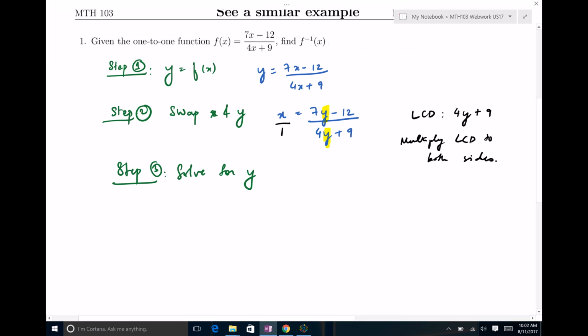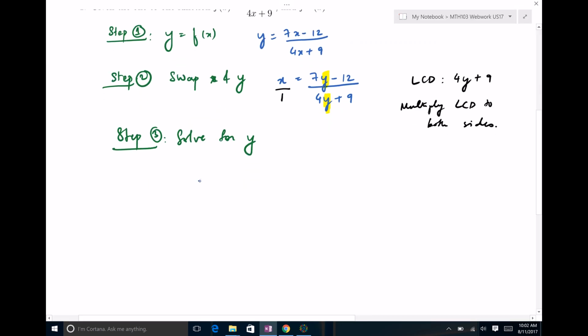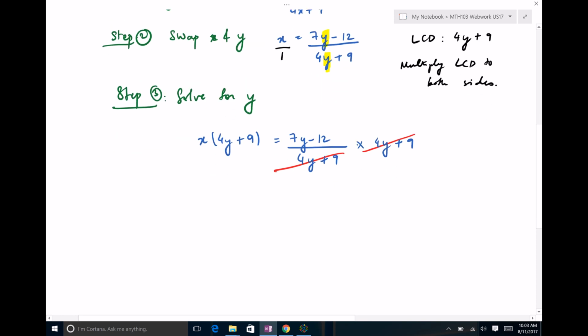So I have x times (4y plus 9) equals (7y minus 12) over (4y plus 9) times (4y plus 9). Now the advantage of this is that on the right hand side you can cancel 4y plus 9. So now you're left with no terms in the denominator.